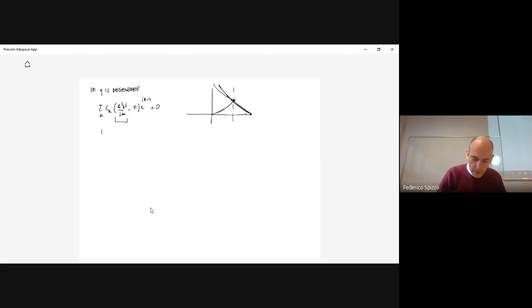So this means that for at least two values of K, the parenthesis is 0, because that parenthesis is 0 for two different values of K. At this point, at least two coefficients are different from 0.